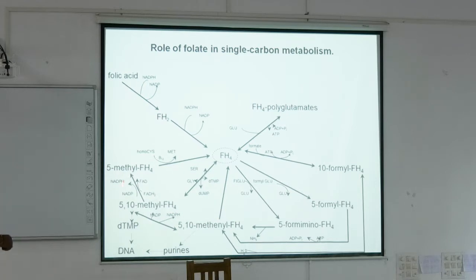It cannot be converted to folic acid and other forms because of lack of B12. So deficiency of vitamin B12 will produce a secondary deficiency of folic acid. This situation is called folate trap.